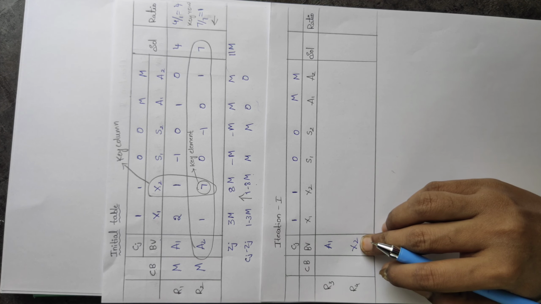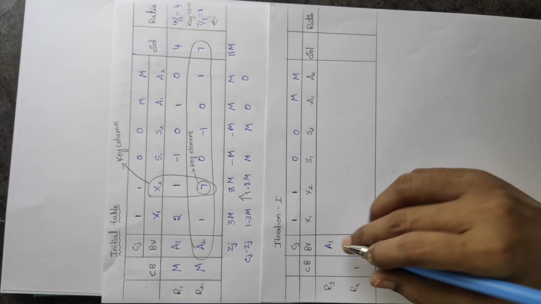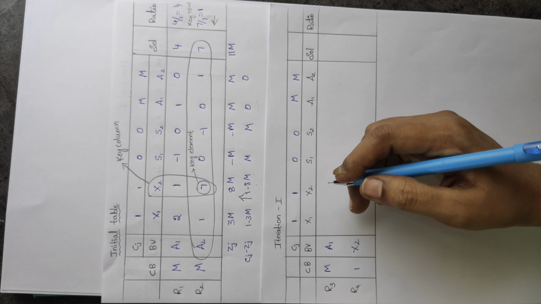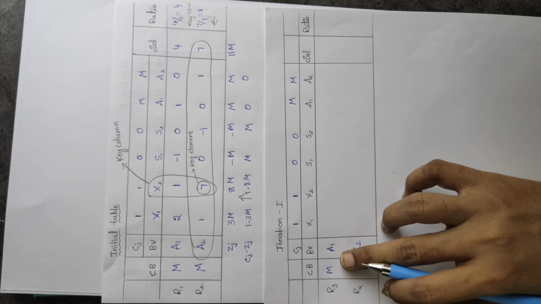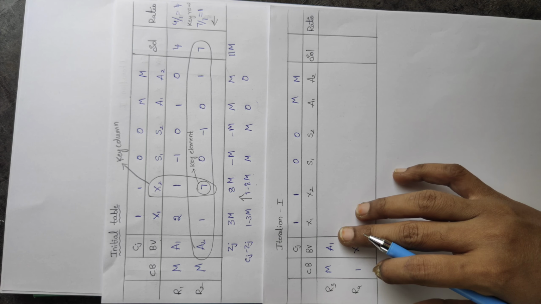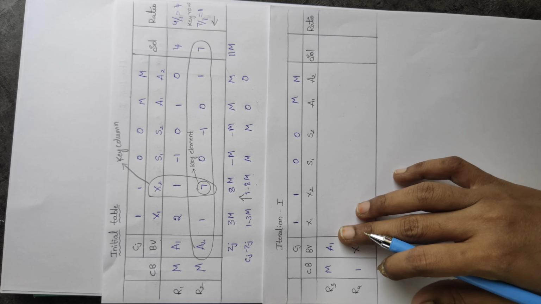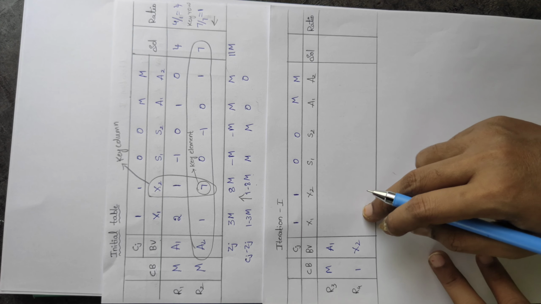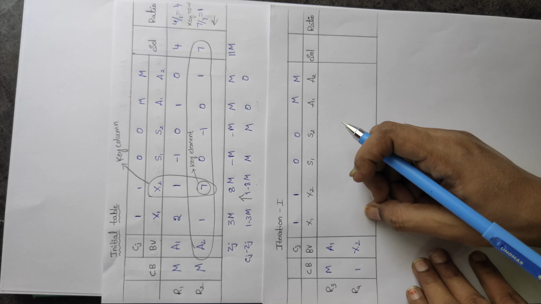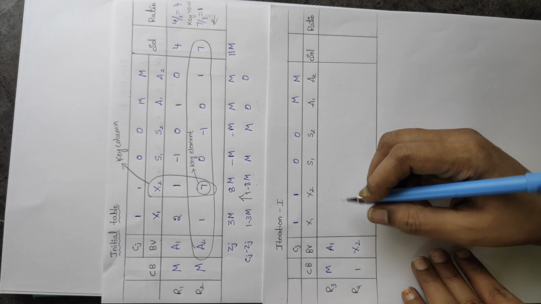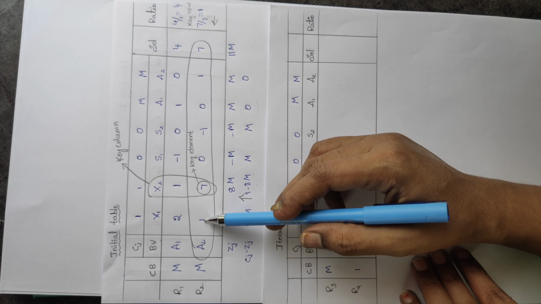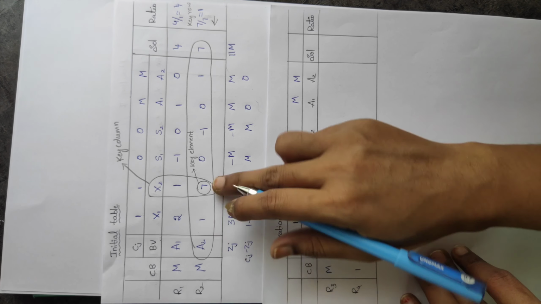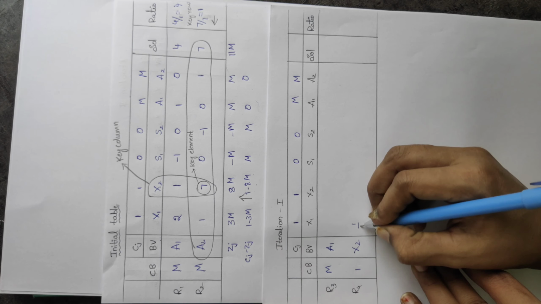The coefficient of x2 is 1 and the coefficient of a1 is m. For finding the row 3 values there is a formula, but before that we have to find the R4 values. For x2, we divide the old element by the key element: 1 divided by 7, 1 by 7.